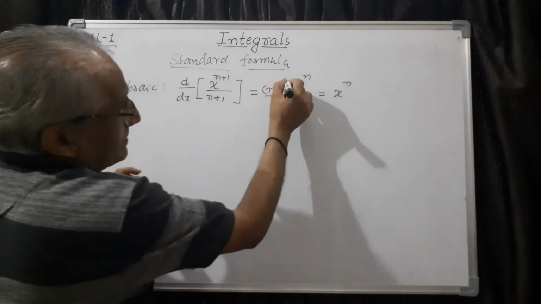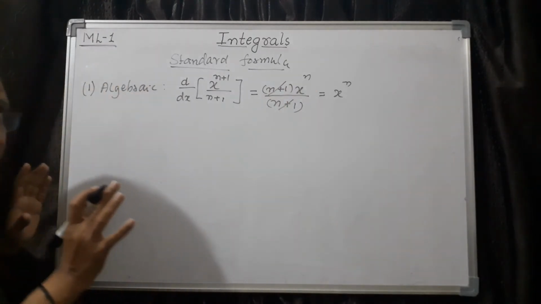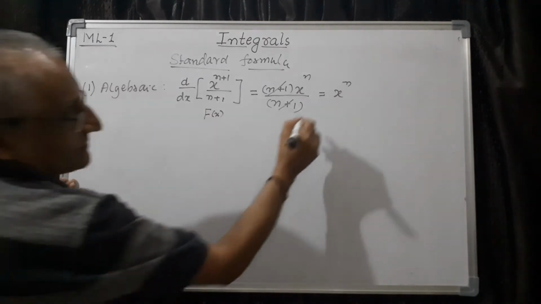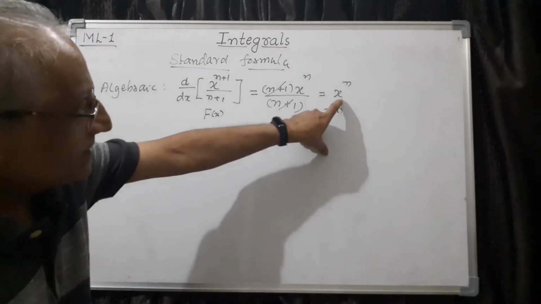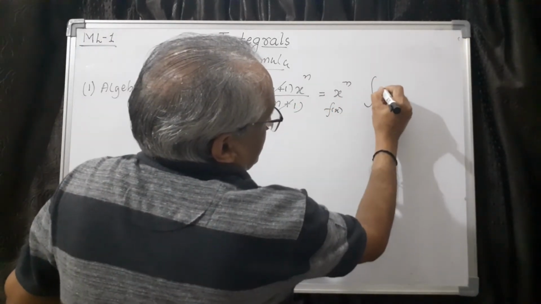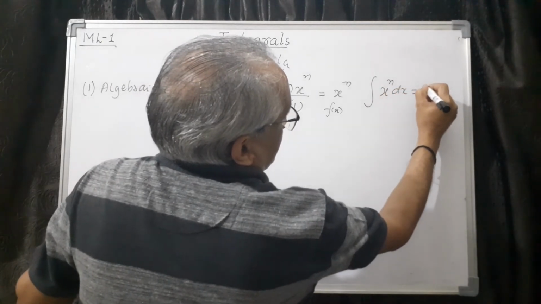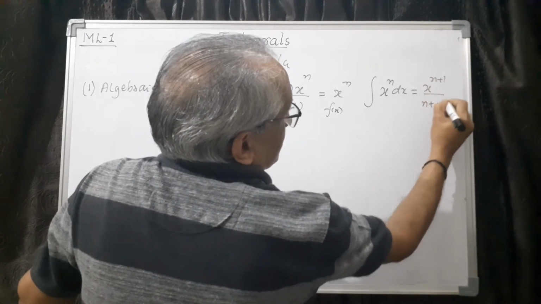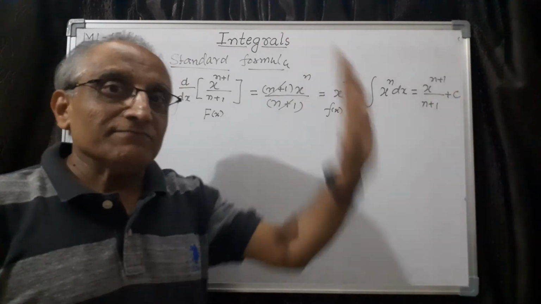So this n plus 1 and this n plus 1 cancel. Therefore you are getting this. Now imagine this is our capital F of x and this is our small f of x. So by definition, integration of x power n dx equals x power n plus 1 by n plus 1. Of course, you have to add c. Here afterwards, whenever we write this formula, plus c is a must.